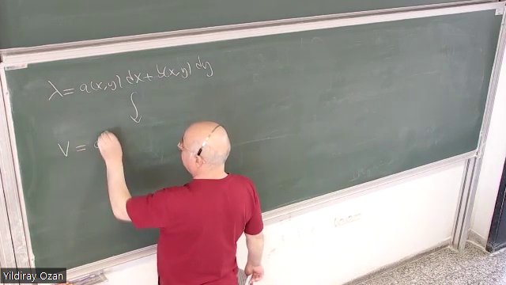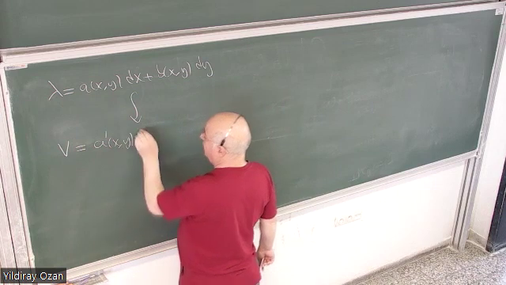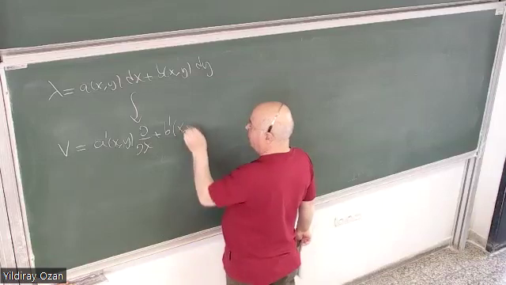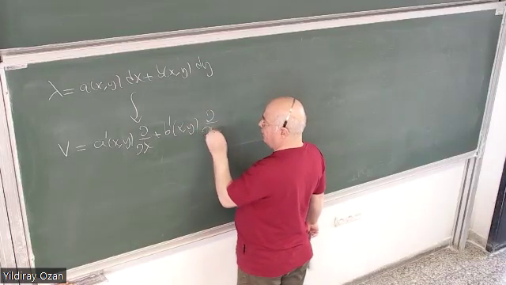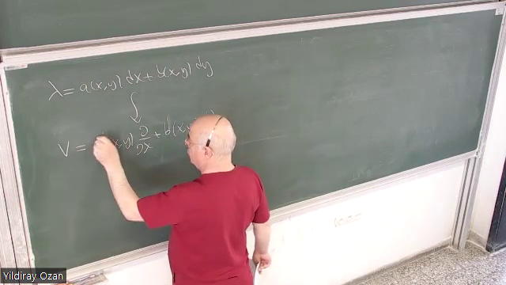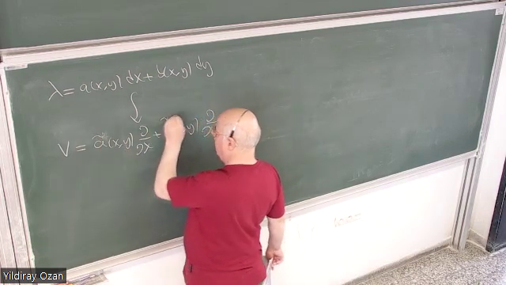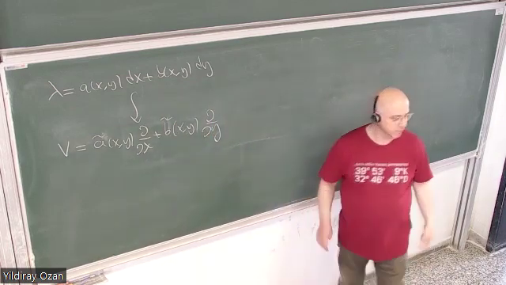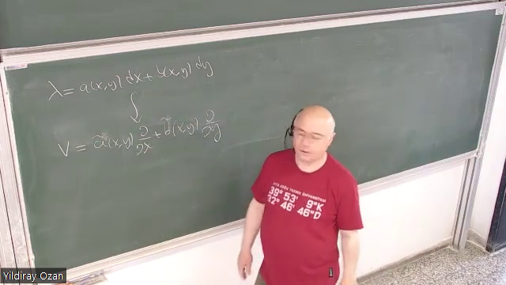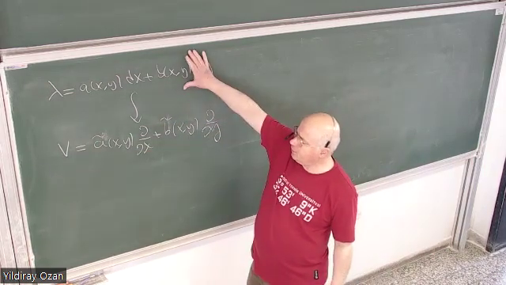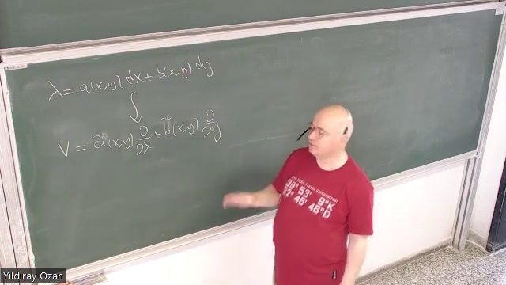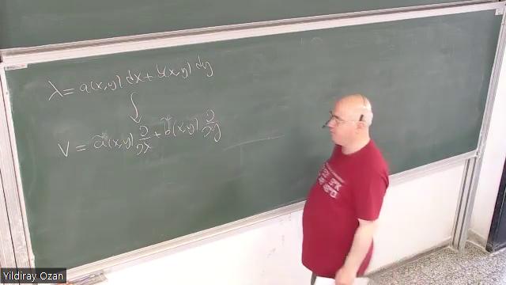So you get some a-tilde(x,y) del/del x plus b-tilde(x,y) del/del y. These are of course not derivatives, so let me write tilde. Okay? It's not a derivative. So it's like a dual, right? So any differential form actually can be regarded under a suitable isomorphism as a vector field.